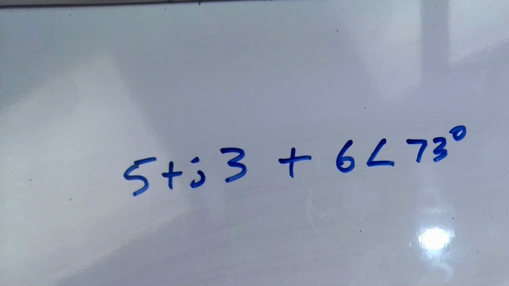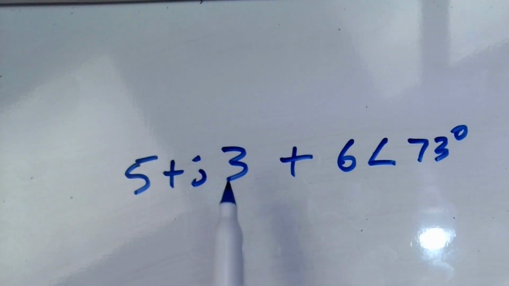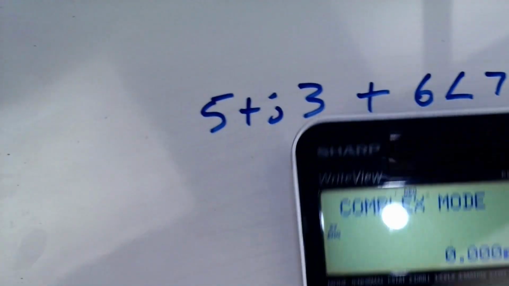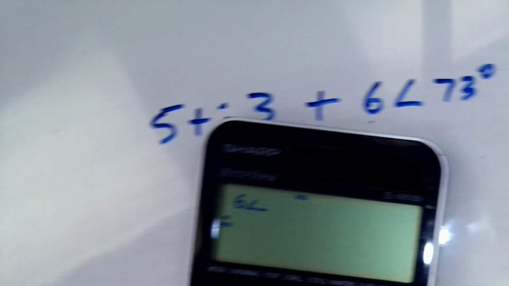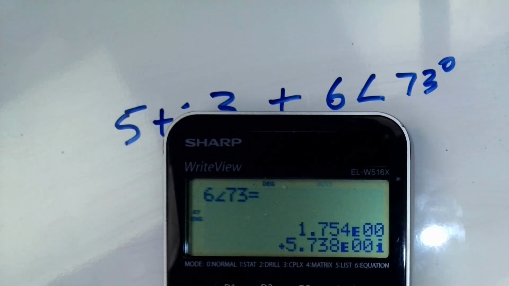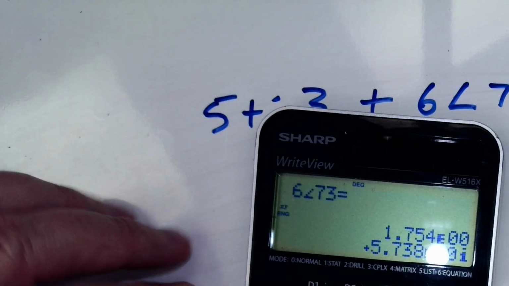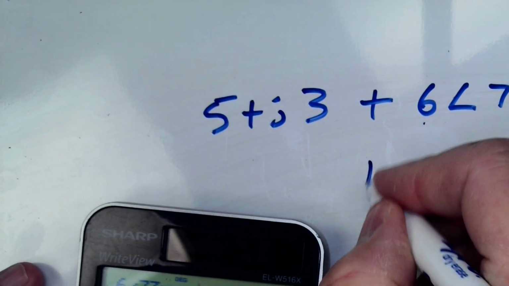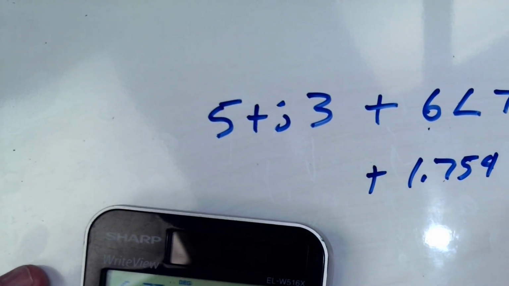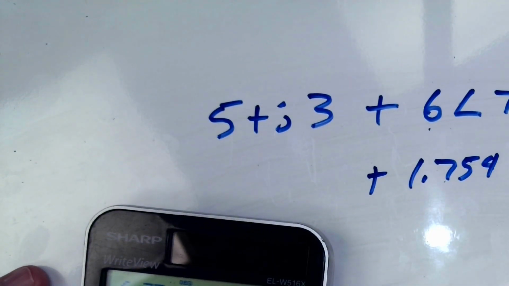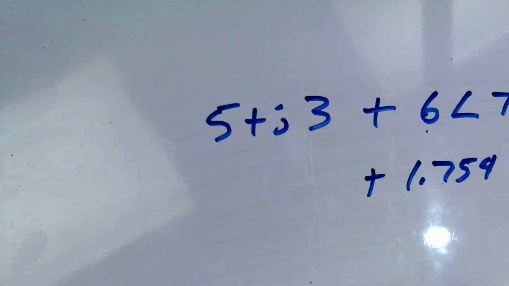Well, you can't do that easily, but you can convert this into its rectangular format. So let's do what we just did. So 6 angle 73 degrees is going to equal 1.754 minus 5.73 J.